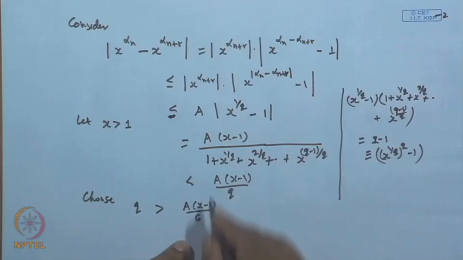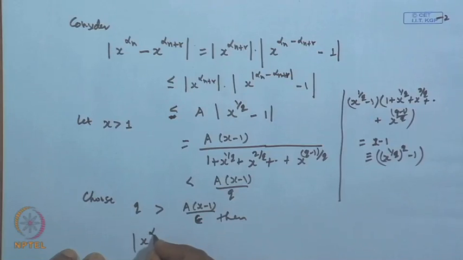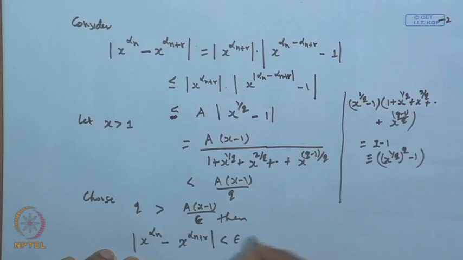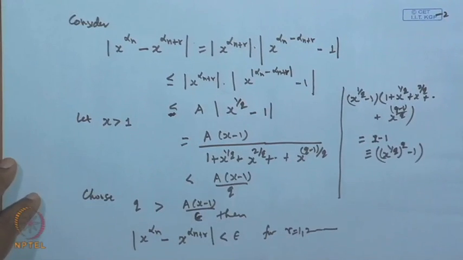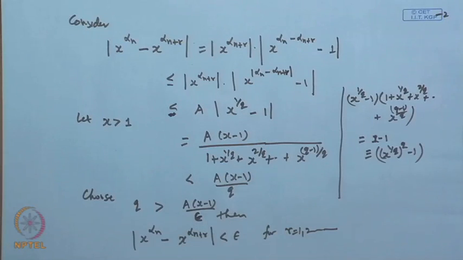This entire thing, mod of x alpha n minus x alpha n plus r, remains less than epsilon for all r equal to 1, 2, 3 and so on. Because you just see, when you put it less than epsilon, q is greater than this number. Okay. So, this one we wanted to be there.